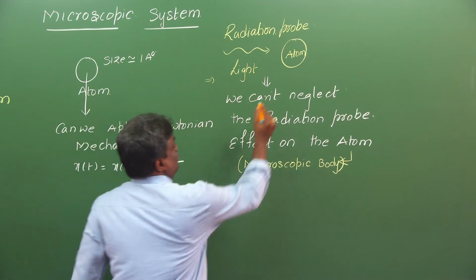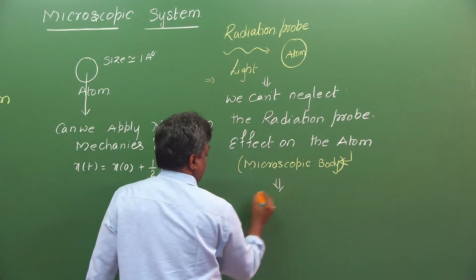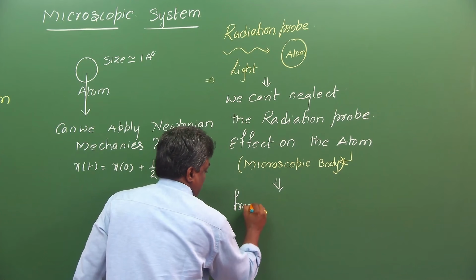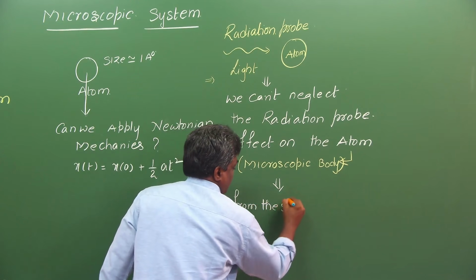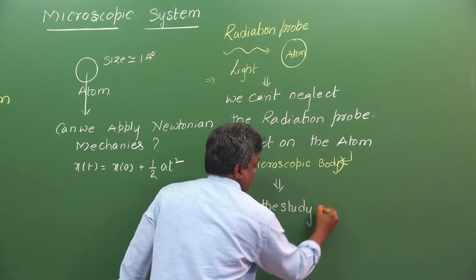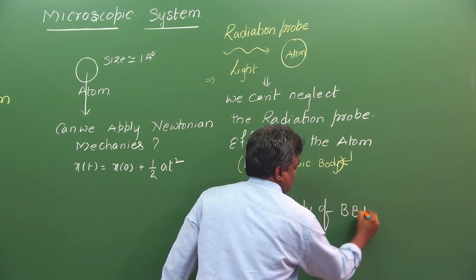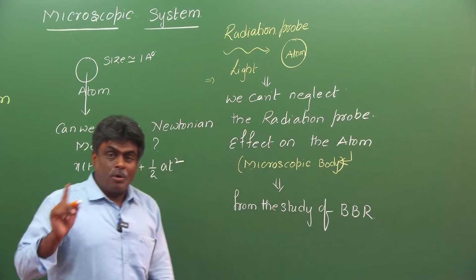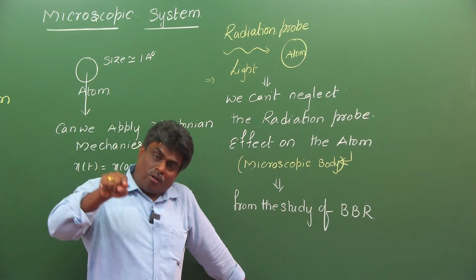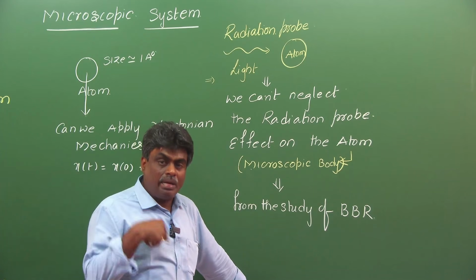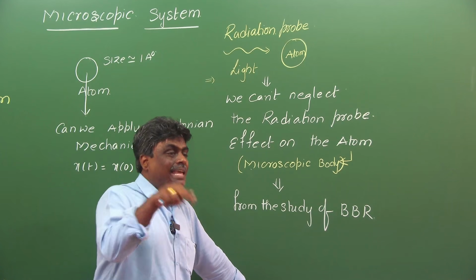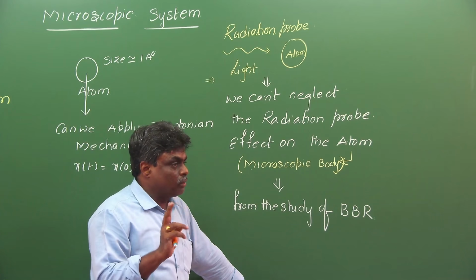Sir, how do you know that it is absorbing? You can say from the study of black body radiation. Black body means which can absorb all wavelengths and which can emit wavelengths only on heating. Without heating, no black body will emit.